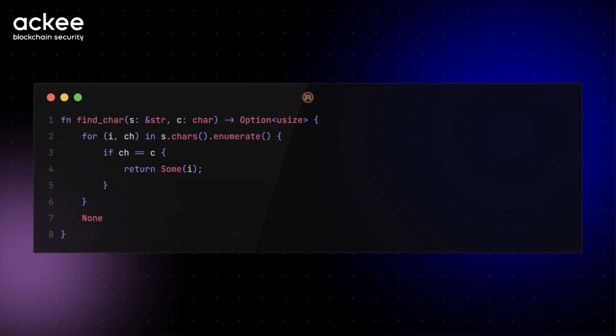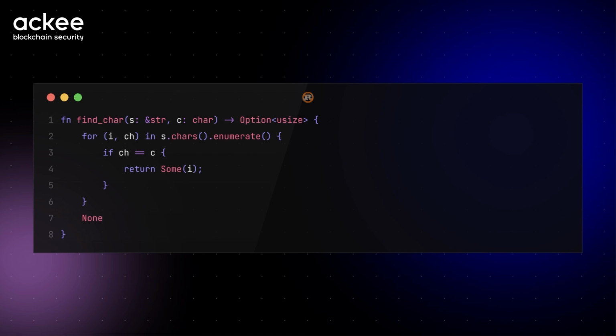Then the second are options. Options have two possible values, as results also have two possible values. The first one is the result value wrapped in OK, the second one is the error message.